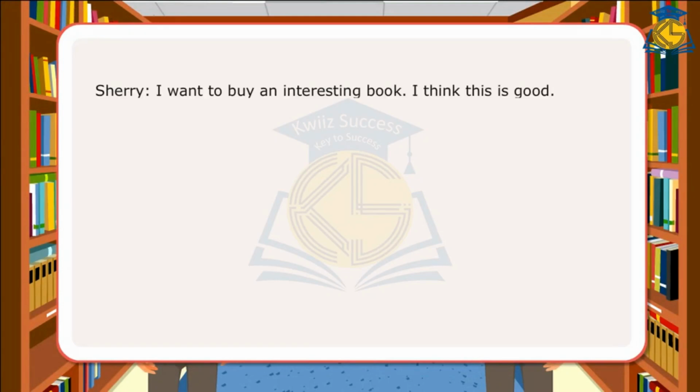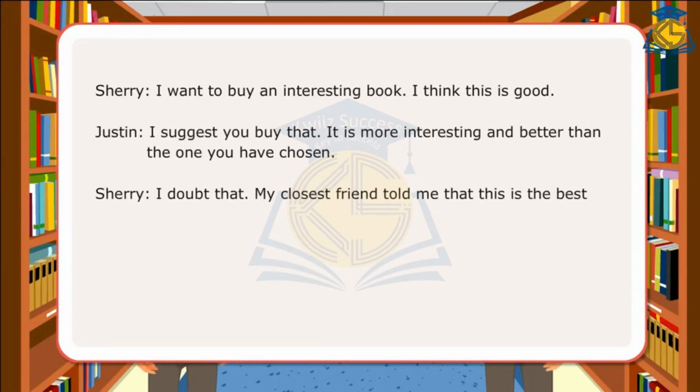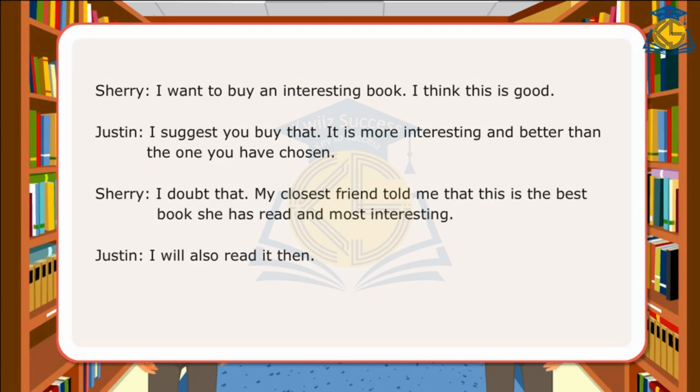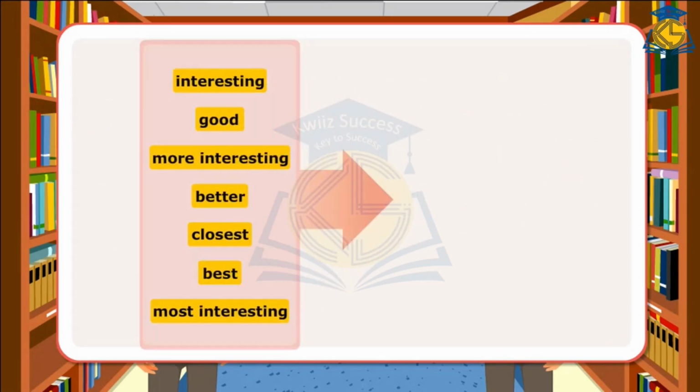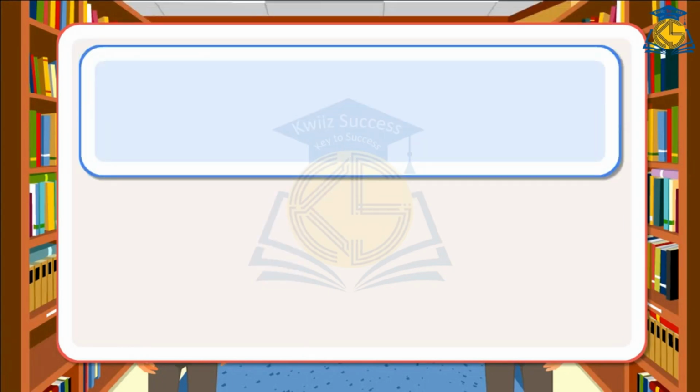In the conversation, Sherry and Justin have used various adjectives for comparing a book and other nouns, using different degrees of comparison. The words interesting, good, more interesting, better, closest, best, most interesting are examples of different kinds of comparisons in adjectives. Definition.